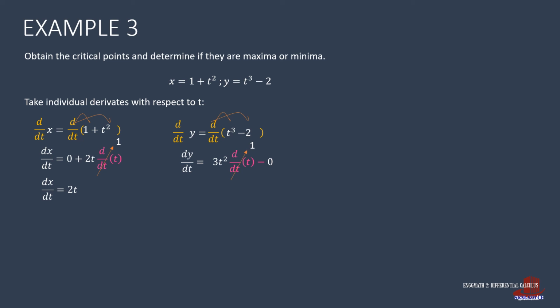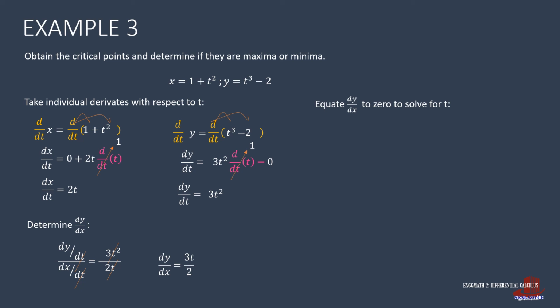Again, dt over dt is 1, making dy over dt as 3t squared. Having these two derivatives, take the ratio of that of y with x. Note that dt's cancel out, leaving dy over dx, which is then 3t over 2.